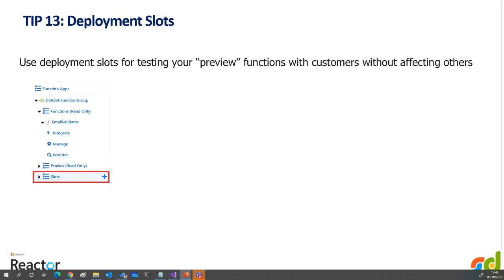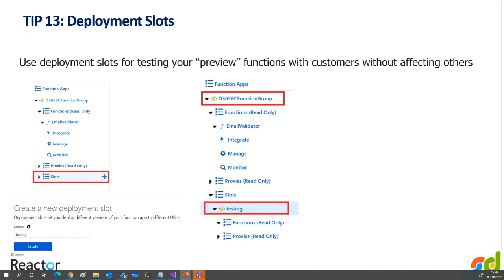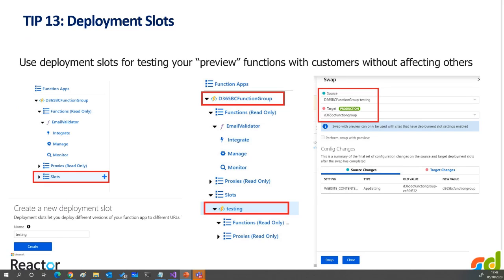Azure Functions has an interesting feature called slots, where you can simply create a new slot and deploy with a name, as in this case, where I created a slot called testing. You can deploy the new version of the function to the testing slot, and your set of customers can use the testing endpoint, while others are using the production endpoint.